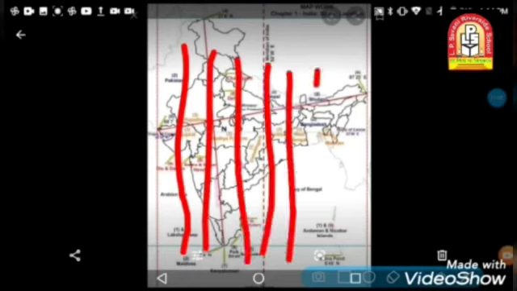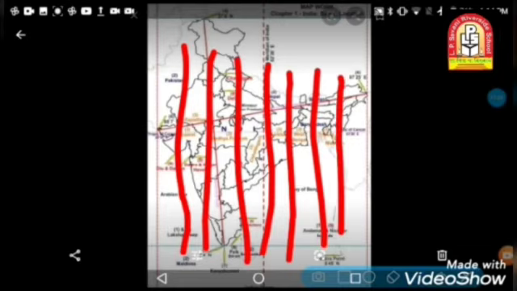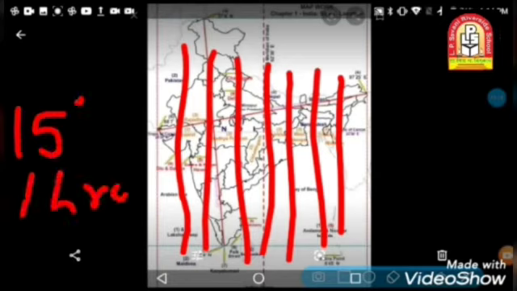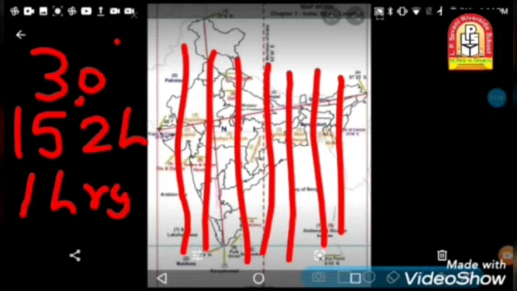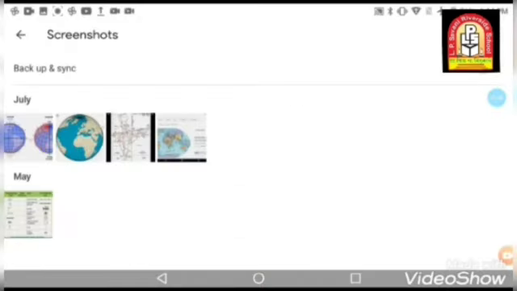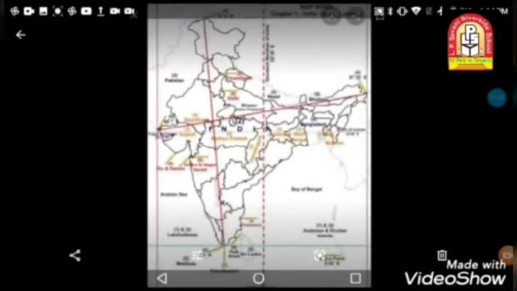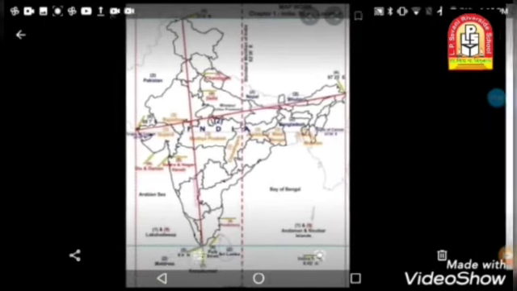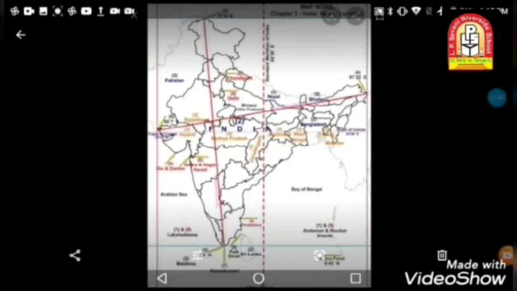So as I explained to you, 15 degrees take 1 hour, right? So 30 degrees will take 2 hours. As I told you, there are 30 longitudes in our India, 15 degrees take 1 hour and 30 degrees will take 2 hours to rotate.